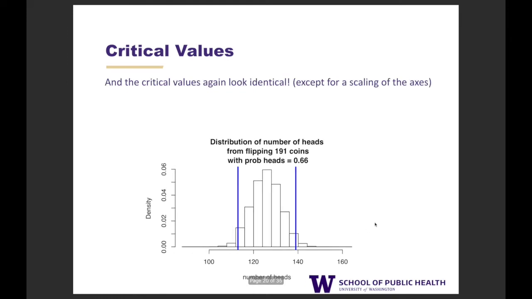We could do the same thing with the number of patients improving, and again, we have a ton of similarity between these results. The critical values for the number are numbers of patients. Here, I think it's 126 and 139. If we see more than 139 or fewer than 126 patients, then we would say the response probability on remdesivir is not 0.66.